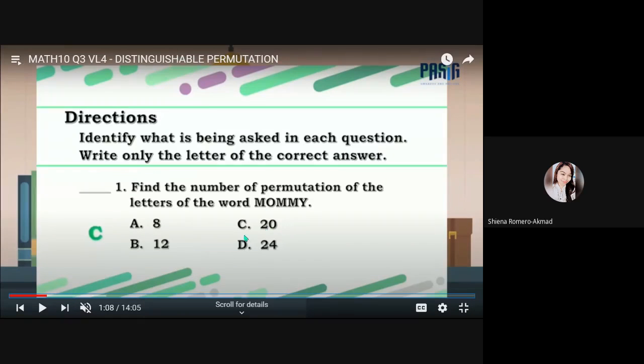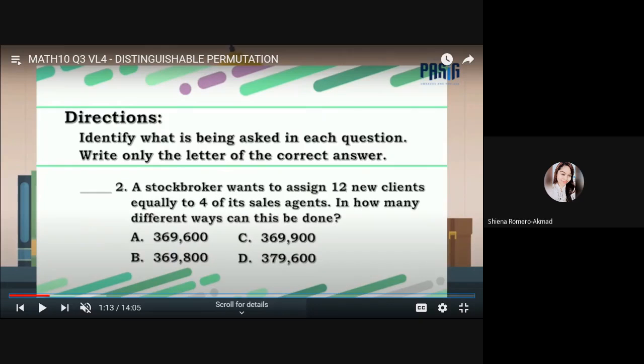That's 5 times 4, which is equal to 20. Next. There are 12 new clients, and a broker wants to assign 12 new clients equally to 4 of its sales agents. In how many ways can this be done?